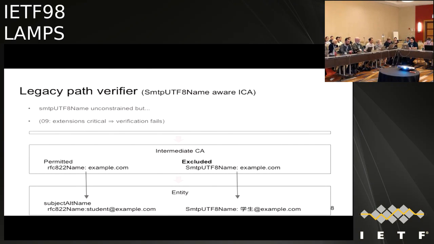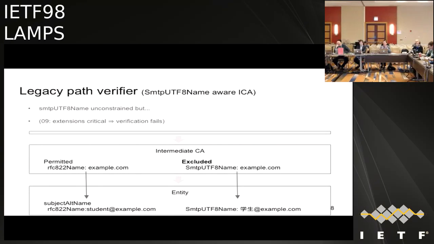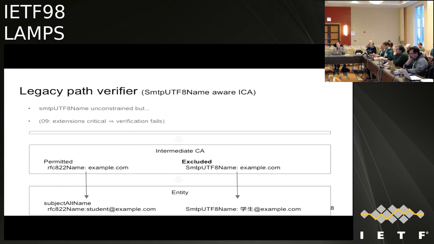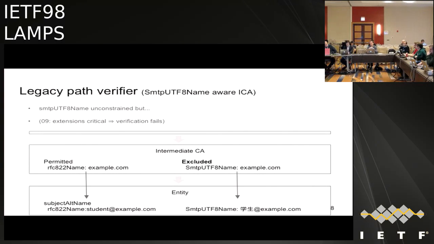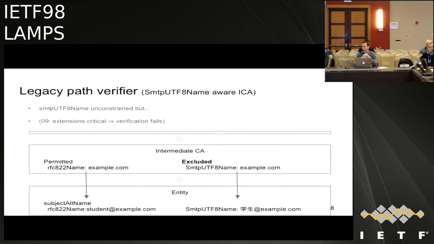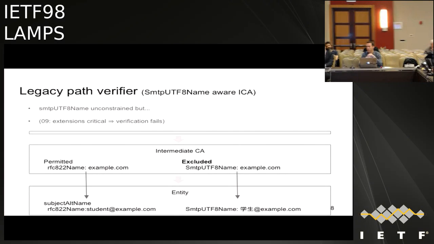Hi, Sean Leonard. In thinking about this, I was wondering if we can look at it a little differently. Specifically, is there a way to look at this more simplistically and concisely as pairwise? What I mean is that an SMTP UTF-8 name aware application needs to ensure that name constraints found in the chain are enforced upon SMTP UTF-8 names.